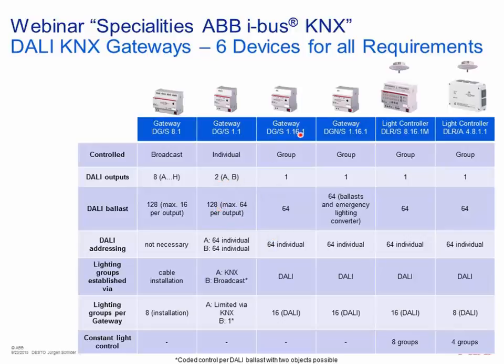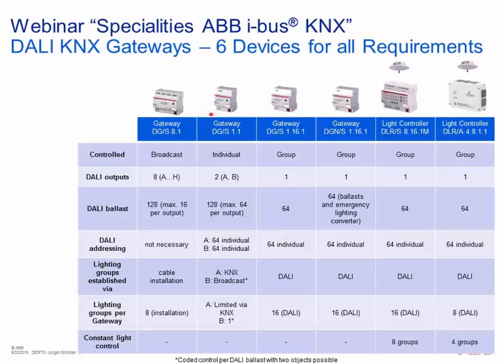If you need fewer groups, up to 16 only, lighting groups, very often this DGS116 one will be used, which uses DALI addressing, which makes it a bit easier and faster to create groups, but only sensible or useful if you have a maximum of 16 groups necessary.